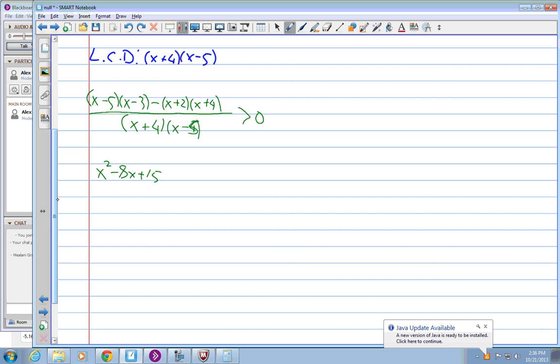Now on the next one, you FOIL x plus 2 and x plus 4, and then you distribute the negative. You should get negative x squared minus 6x minus 8. Just check your work. You all know how to FOIL and distribute. So FOIL first, then distribute the negative.